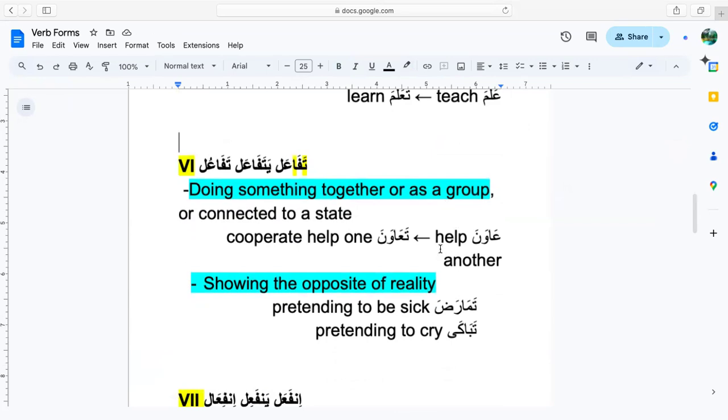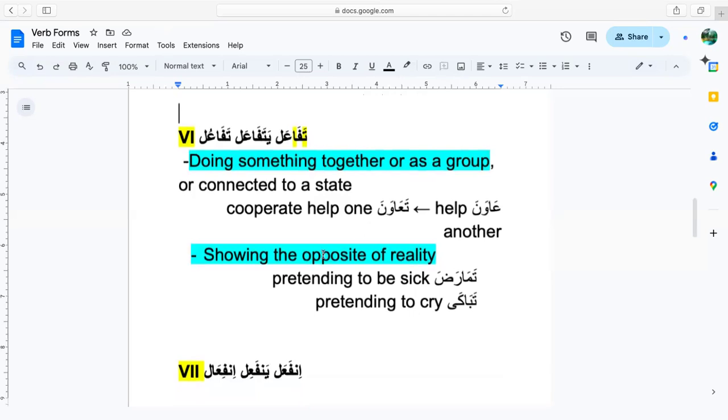Sa'awana, to help, but ta'awana: ta'awanu ala al-birri wat-taqwa wa la ta'awanu ala al-ithmi wal-udwan. We see that in the Quran: help one another upon righteousness and piety, and do not help one another in sin and transgression. So awana, to help, becomes ta'awana, help one another. That's one of the meanings.